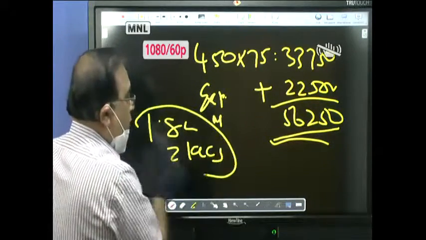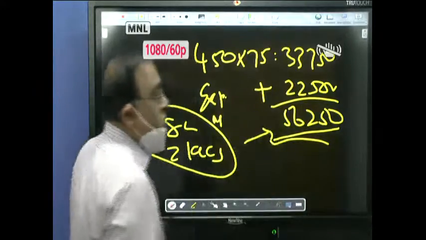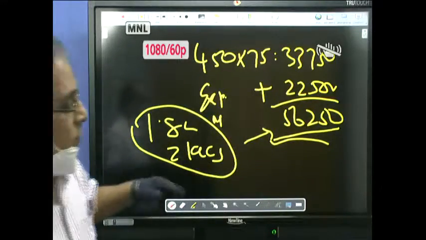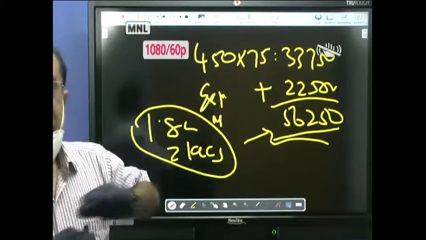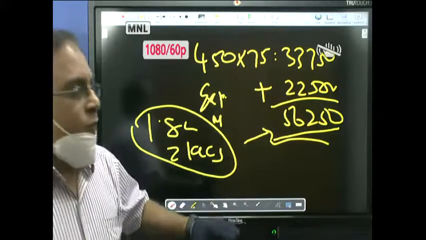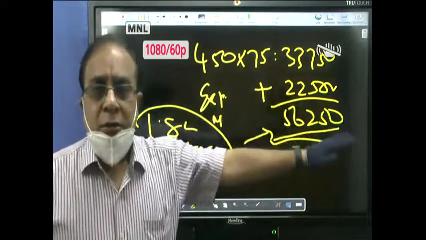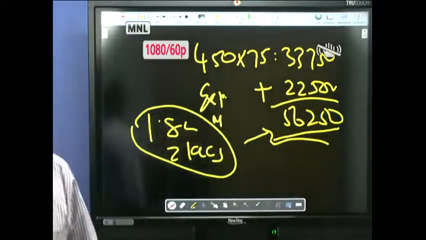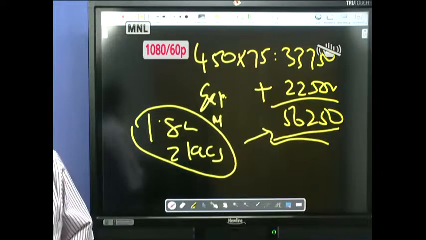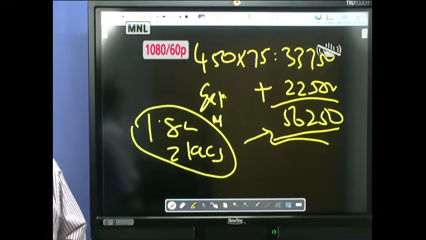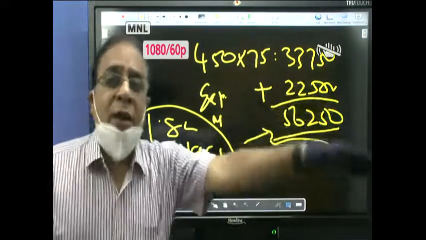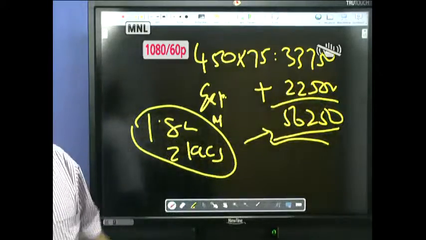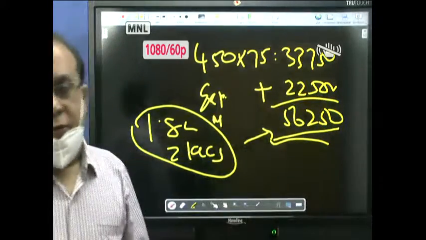This is 56,250. So you have reduced 2/3 of the amount required for investment. You are investing only 1/3 of what you would have invested in the case of futures. So whenever the return comes, you will have a much higher return on investment even when compared to the futures. So you will have a fantastic return if you make profits.